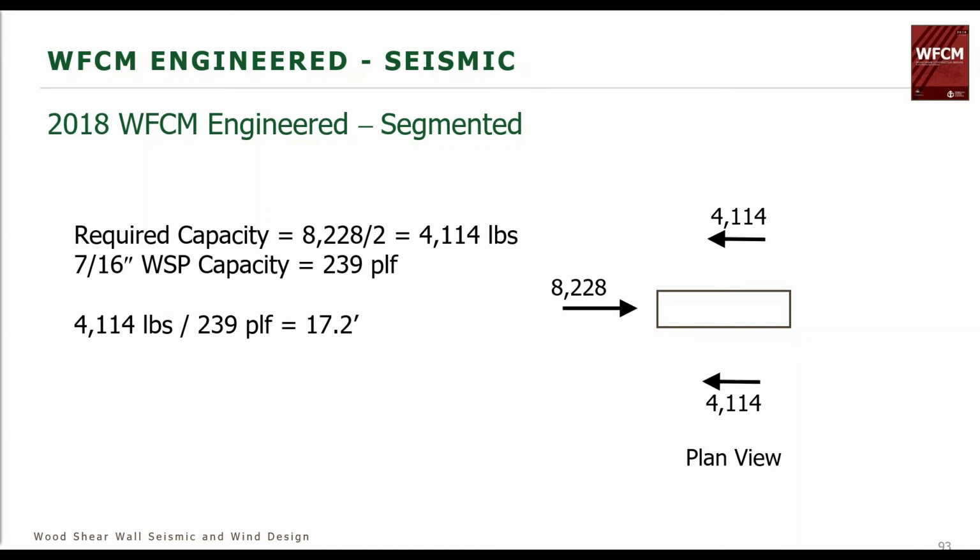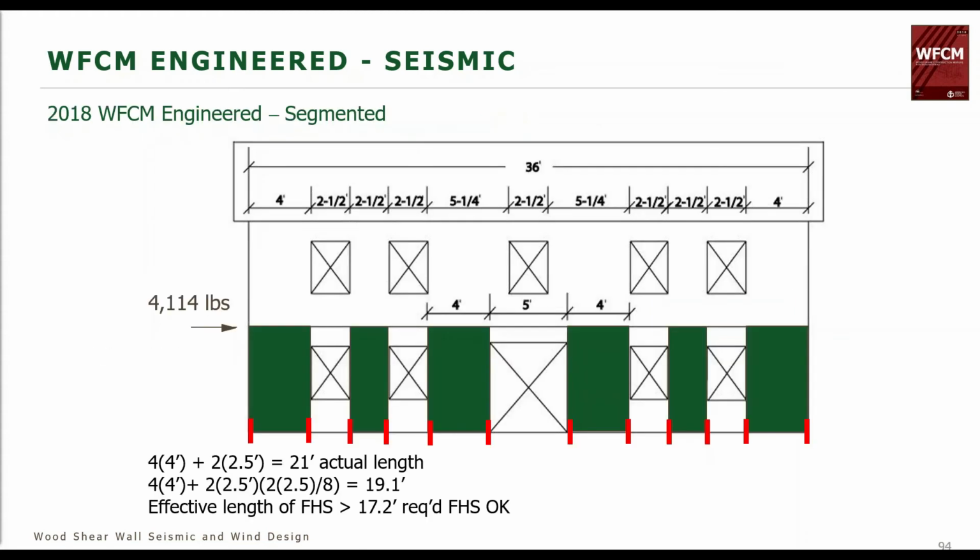So we have 17.2 feet required just based on the baseline shear wall capacity for the full height shear wall. And we're doing the segmented approach. So we're trying to do the same approach that we did in the prescriptive, where we're looking at the lengths of the shear wall. So we adjust our actual shear wall lengths to take into account that aspect ratio for the shorter walls.